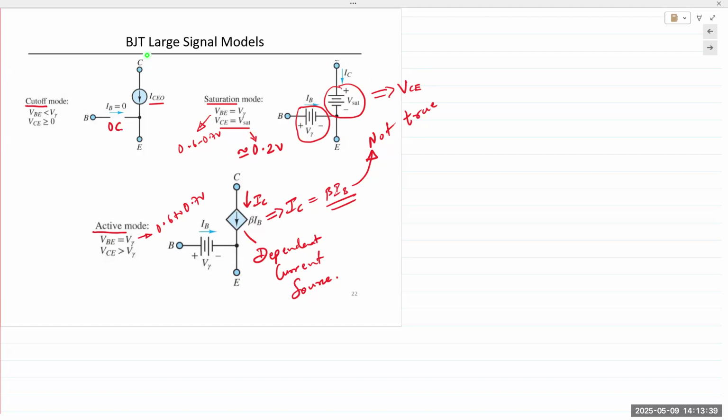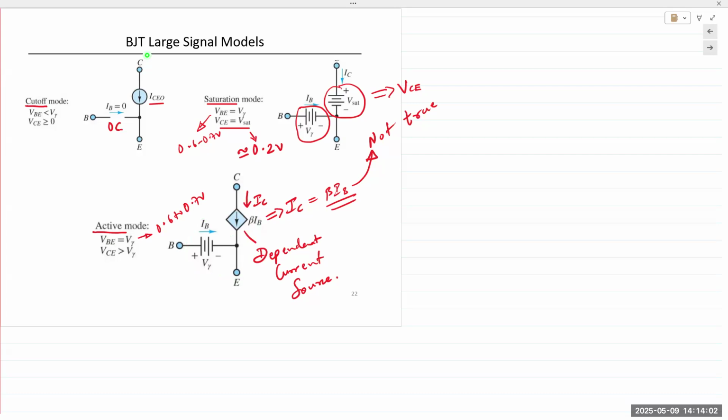Then the most important mode, application as an amplifier, takes place in the active region, the active mode of operation. The base emitter junction is forward bias, so it's still modeled as a voltage source. But on the output side, the current is not saturated. The current is a function of the input current, IB.